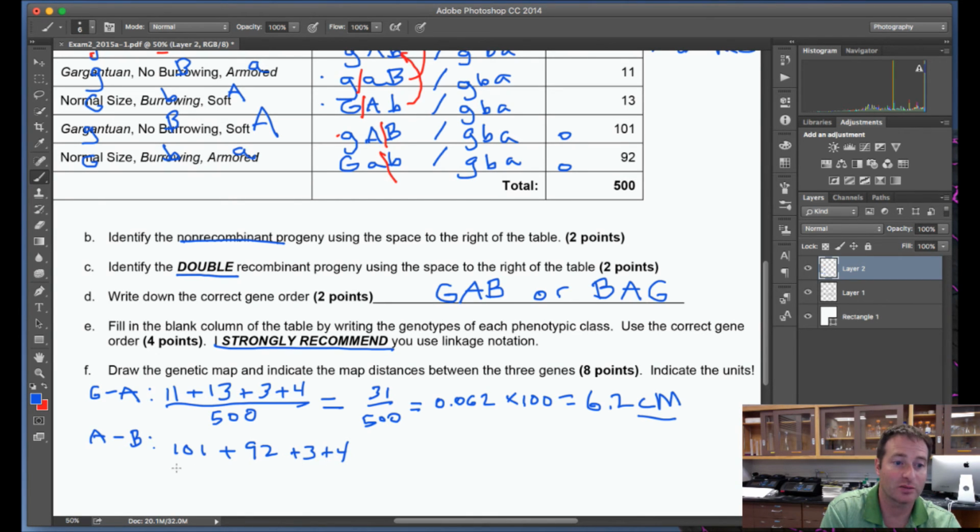Remember to use the double recombinants, divided by the total.